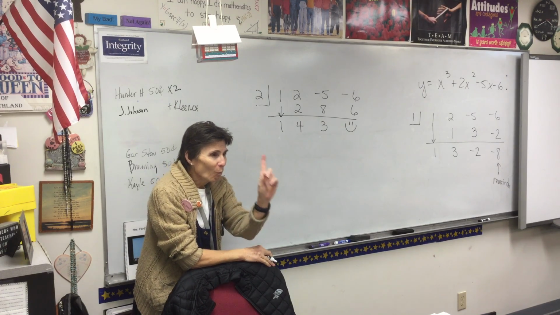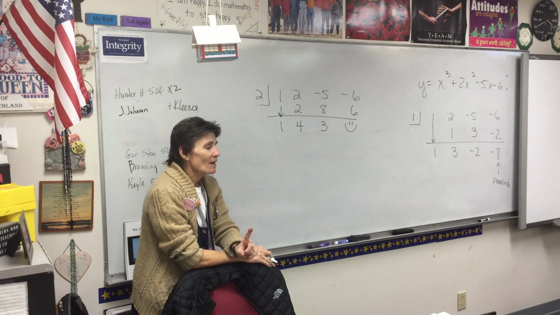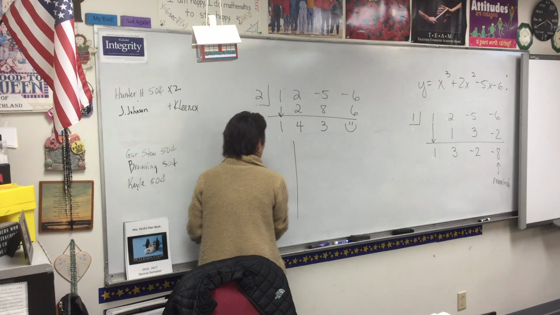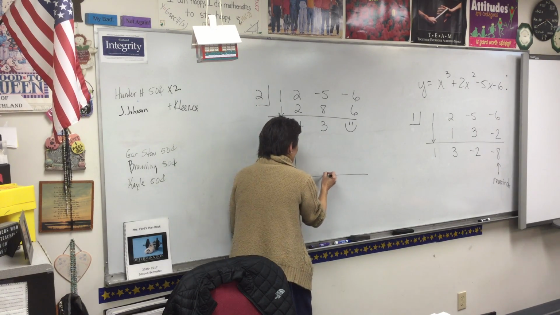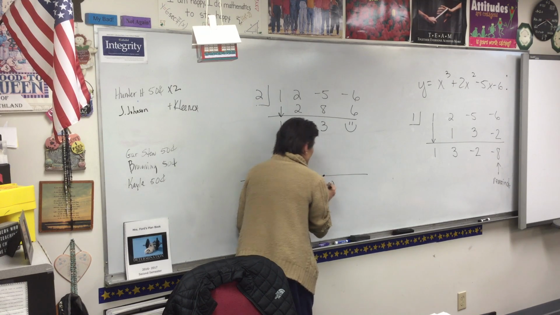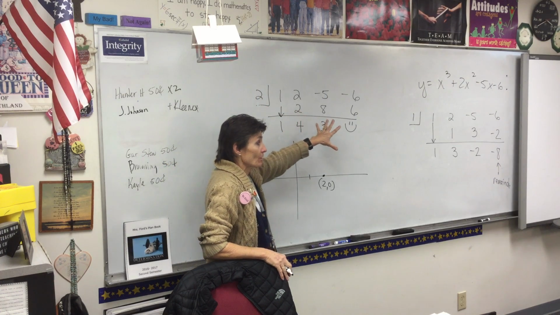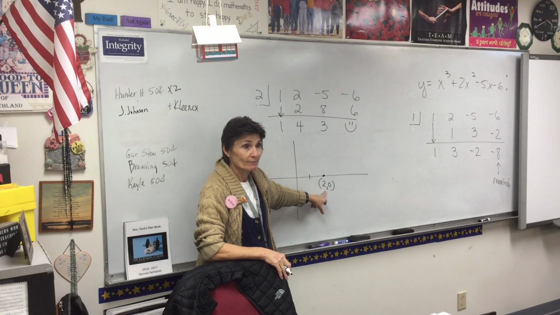Now, what that means is that one of the dots is at 2. That number is a factor. That means there's a dot at 2 on your graph.